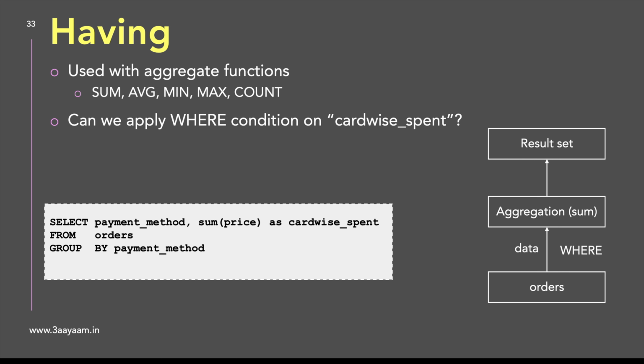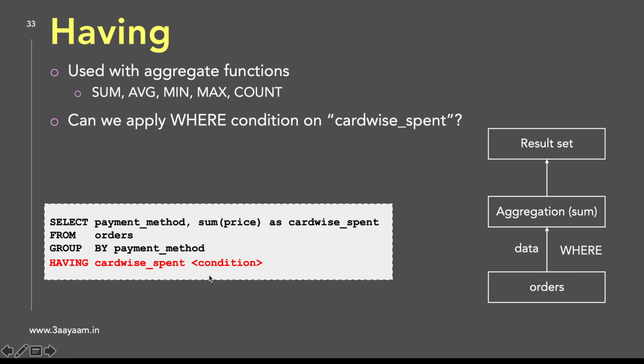But there can be scenarios wherein I want to apply certain conditions on these aggregated results. So what is the way to do that? I think it's pretty straightforward: you apply the condition on the result set itself. And that's where having is used.